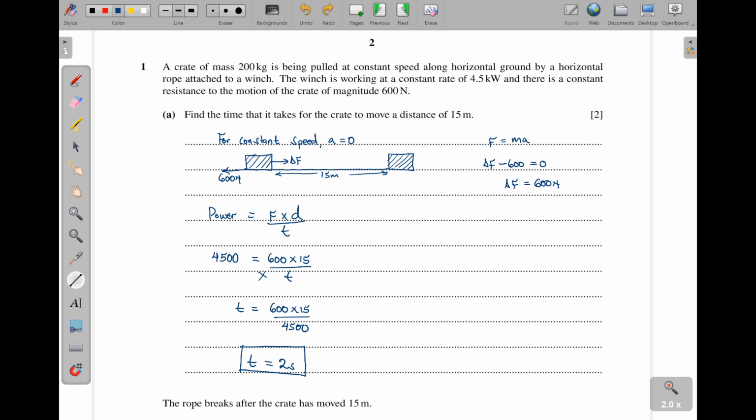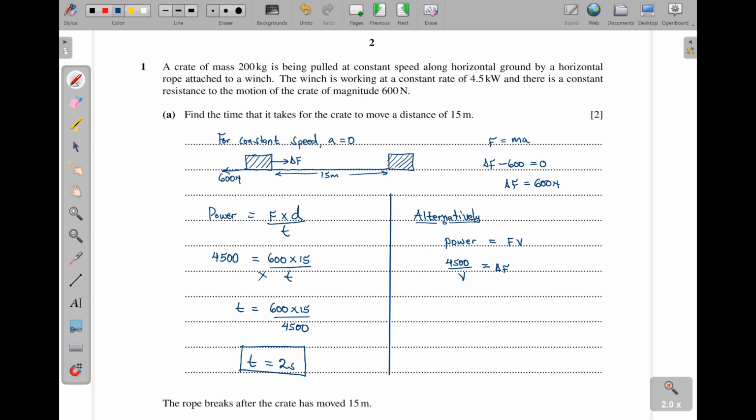But there is also another approach, but that is the simplest. Alternatively, I can say power is equal to FV, because remember, distance over time is speed. So the power is 4500, divided by the speed, is equal to the driving force.